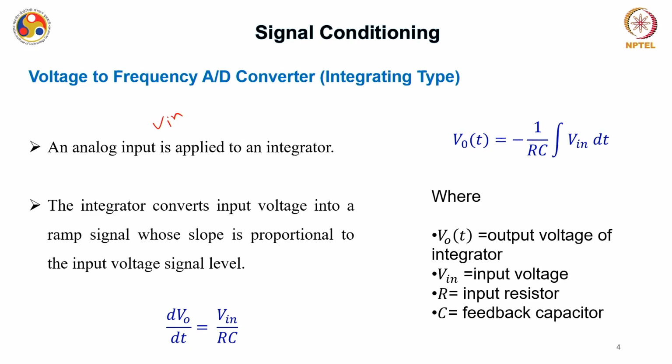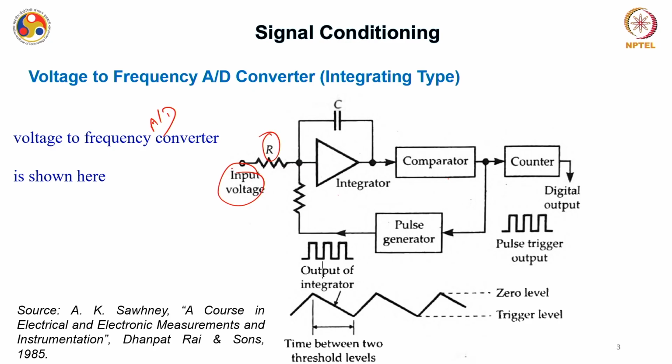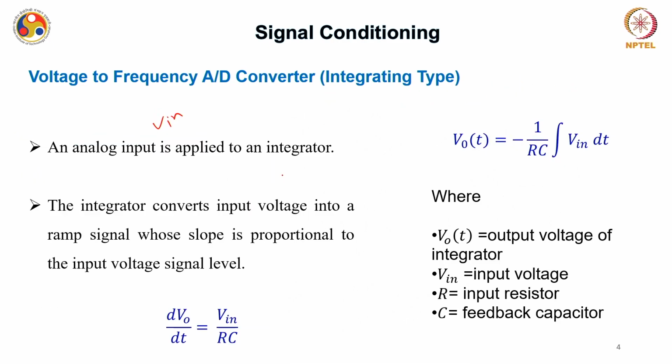If you see the output from this integrator, where R is the input resistance and C is the feedback capacitance, the output, which is of course a function of time, will be equal to minus 1 by RC integration of V in over a certain time, say from t1 to t2, or simply integration of V in dt.